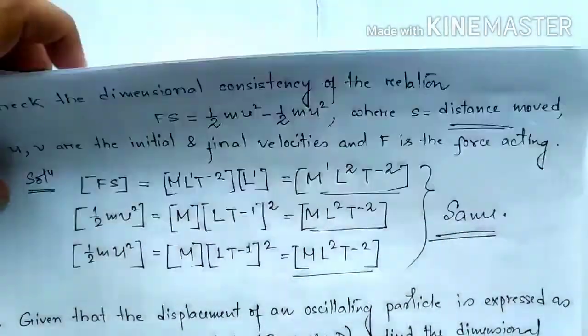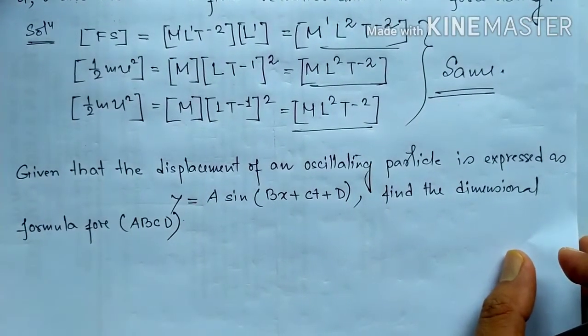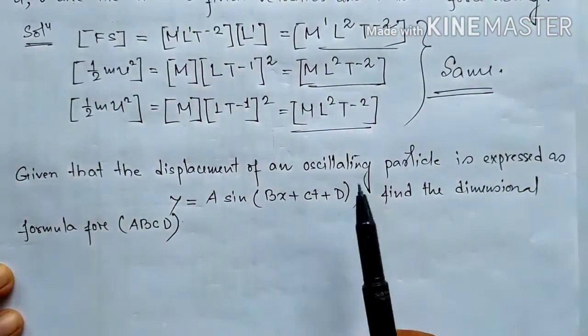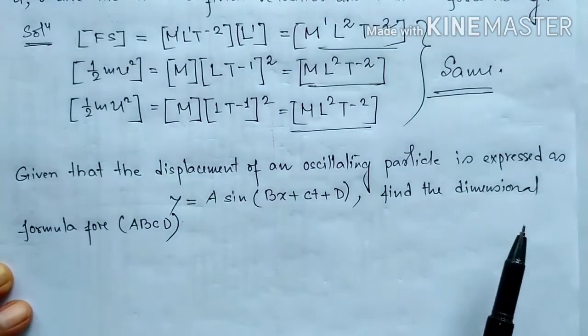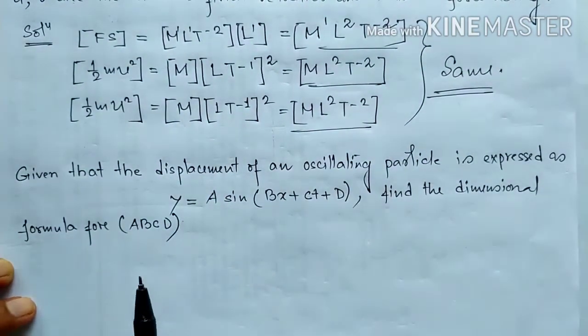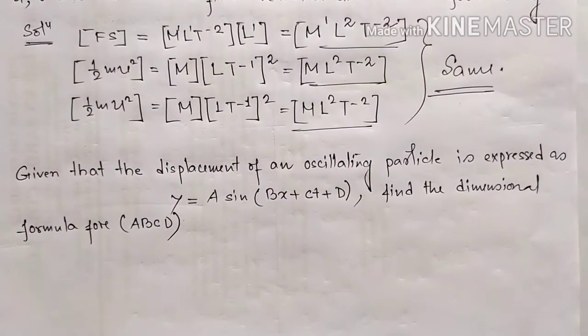Now let us focus on the next problem. The problem says, given that the displacement of an oscillating body is expressed as y is equal to a sine (bx plus ct plus d), find the dimensional formula for a, b, c and d. Do you follow this question?